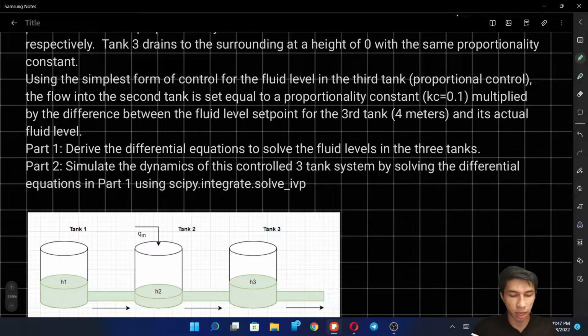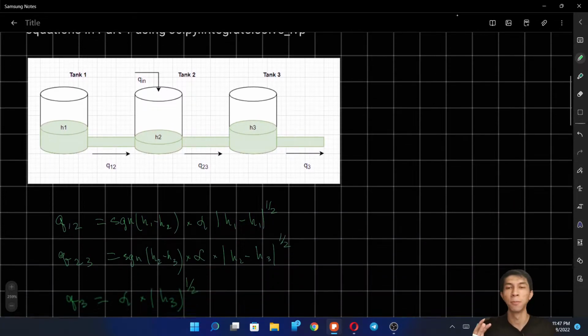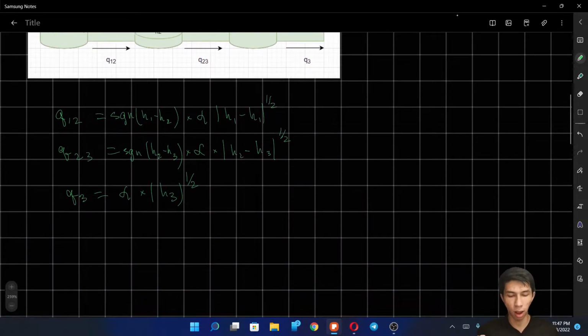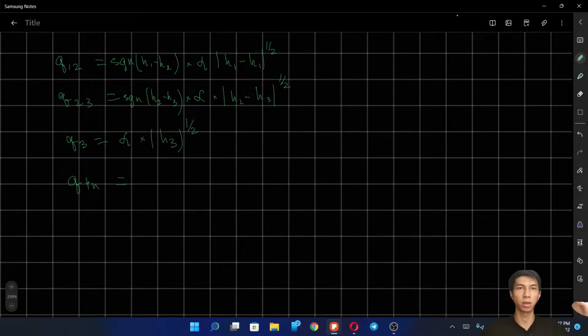The flow into the second tank is set equal to the proportionality constant multiplied by the difference between the fluid level set points for the third tank. So we should have another variable, which is going to be Qn. We should also have another variable, the height set point for tank 3. There is a specific height that we determine that is going to be given.